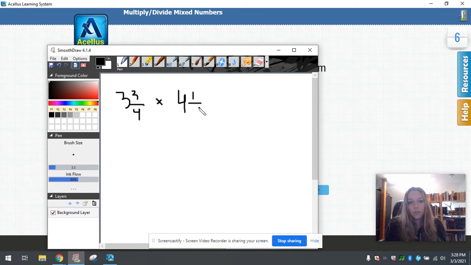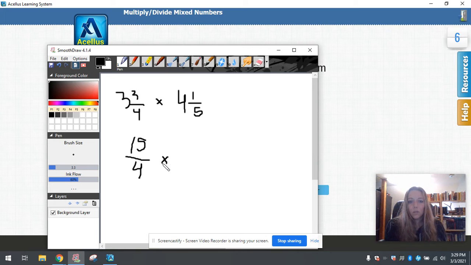Now what I'm going to do is I'm going to turn these mixed numbers into improper fractions. My denominators don't change, so I multiply the denominator by the whole number. 4 times 3 is 12, and I add the numerator. 12 plus 3 is 15.